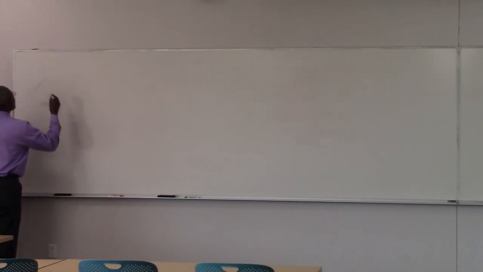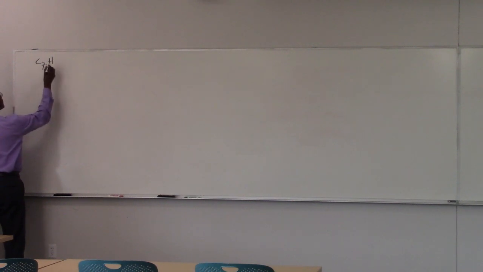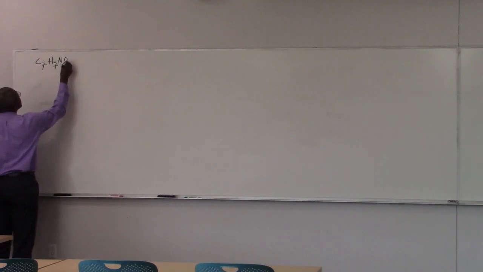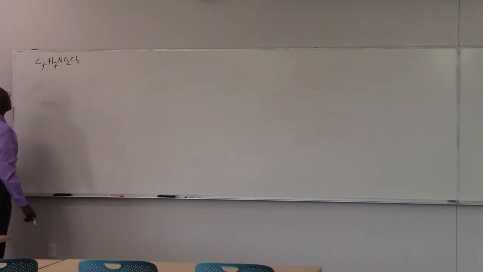So let's imagine I ask you to draw isomers of formula, say, C7H7NO2Cl2.